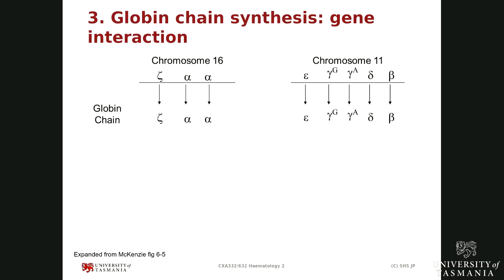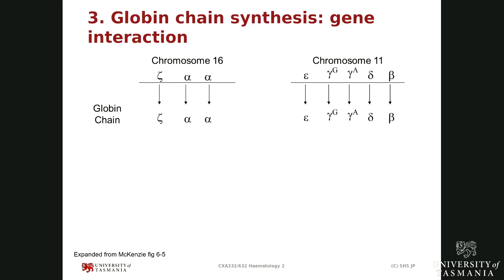So there are two genes situated on chromosome 16 that encode for alpha chain synthesis, and one that sits on chromosome 11. So it's quite interesting that we've got two for alpha. It's like we've got an extra one for just in case. And on chromosome 11, you can see we've got one gene for each of the other hemoglobins.